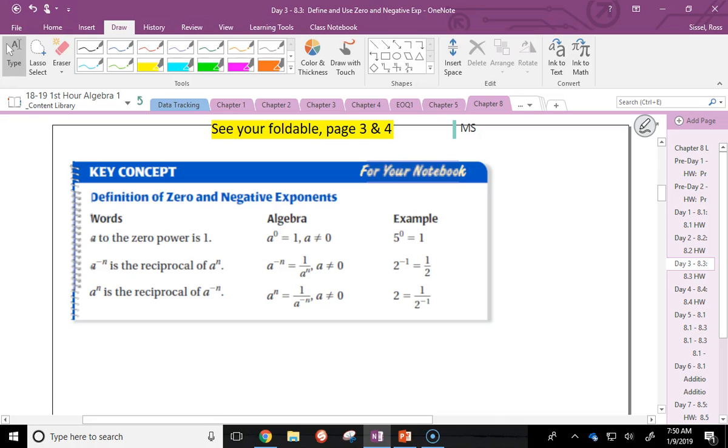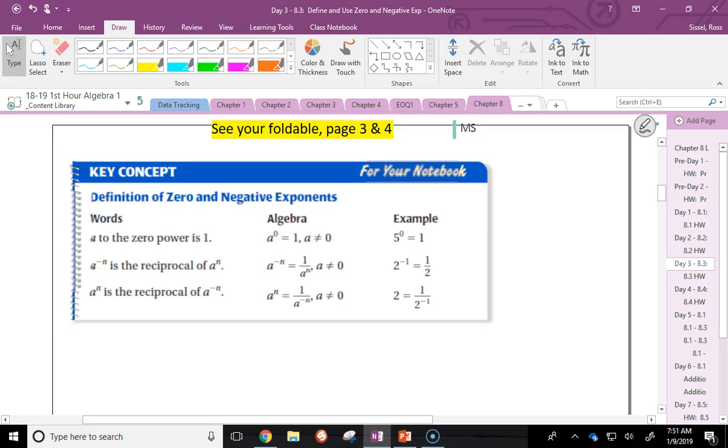Doesn't matter what your number is. If you're to the first power, it's the number itself. But if you go to the 0 power, your answer is 1. The big thing is a, your base, cannot equal 0. Okay, so we don't say 0 to the 0 power is 1.